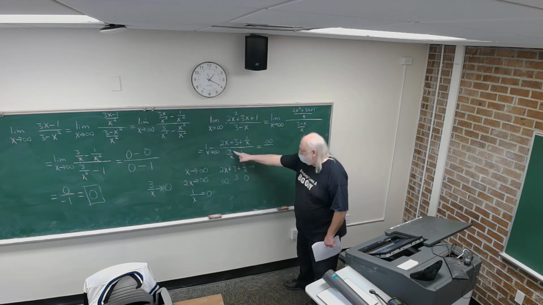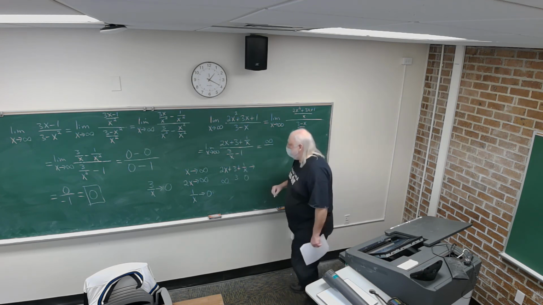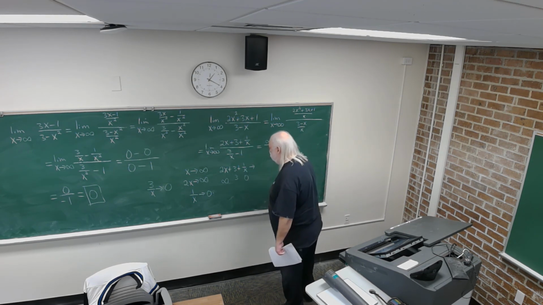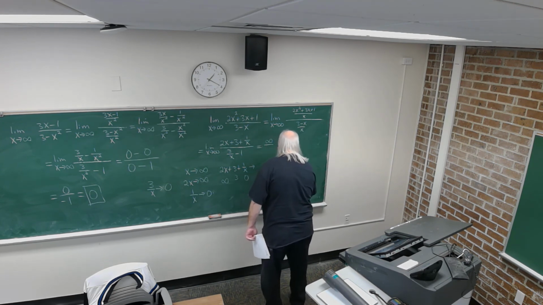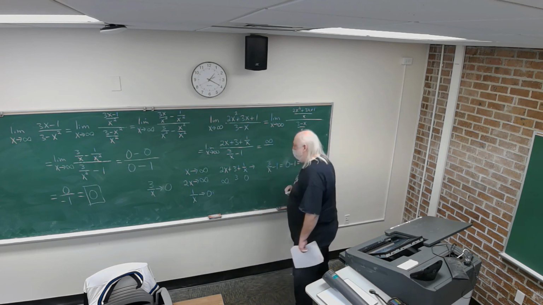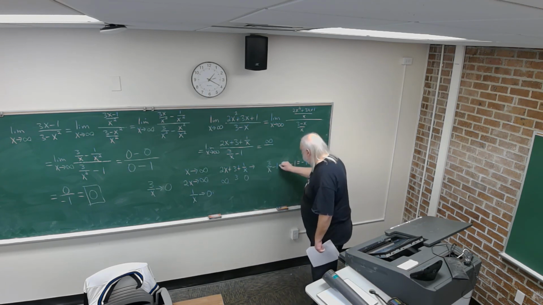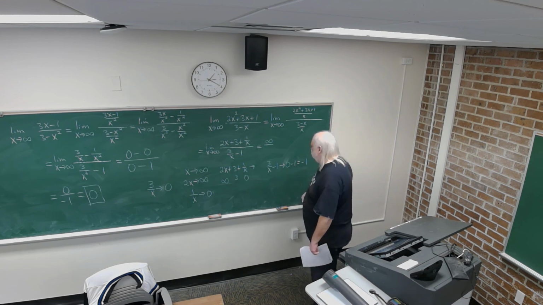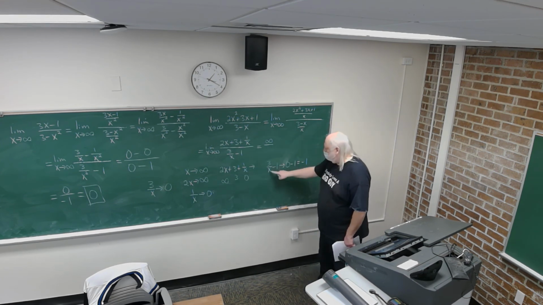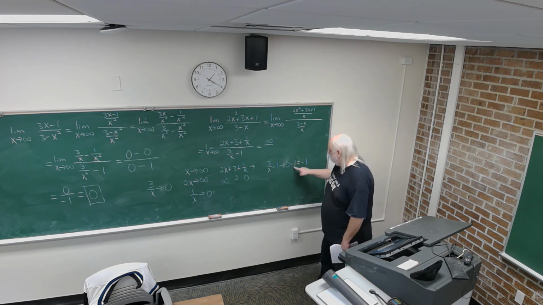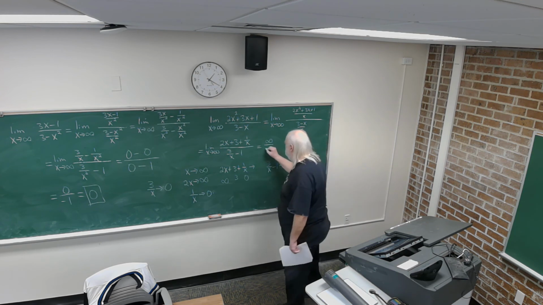And the denominator, 3 over x minus 1, is going to 0 minus 1, which is negative 1. As x increases without bound, 3 over x is going to 0. So 3 over x minus 1 is going to 0 minus 1, which is negative 1.